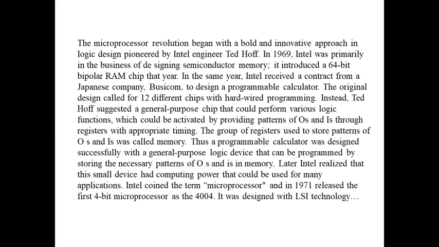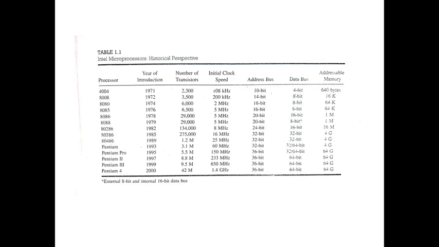Later, Intel realized that this small device had computing power that could be used for many applications, and Intel coined the term microprocessor. In 1971 it released the first 4-bit microprocessor, known as the 4004. It was designed with LSI, large scale integration technology.